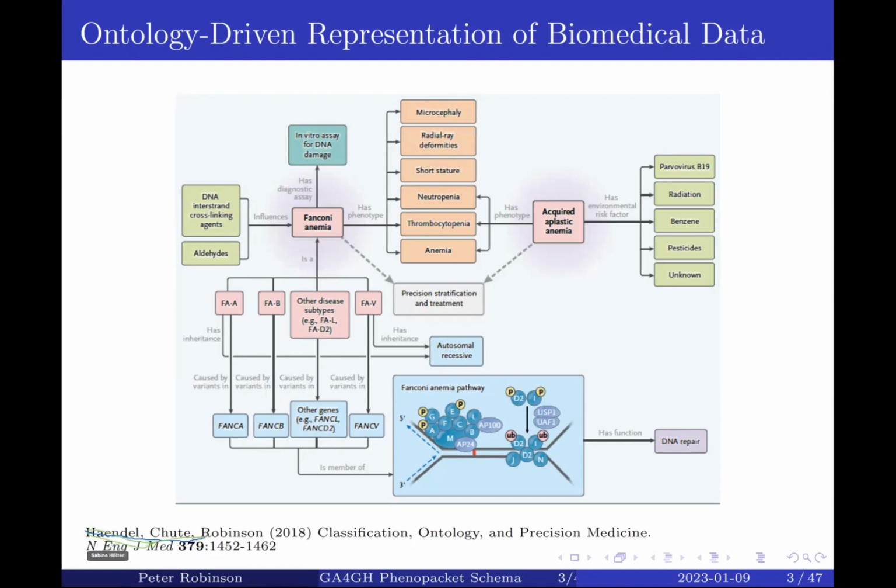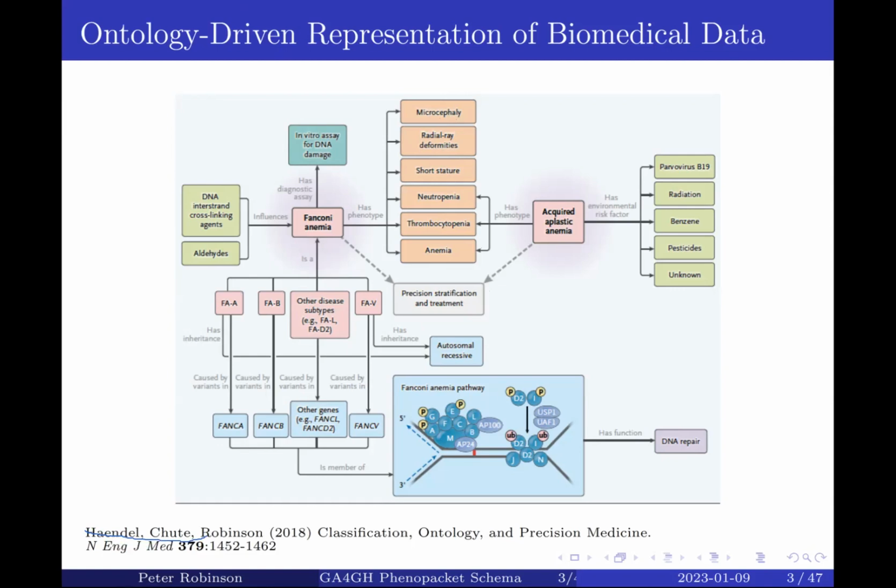What our group developed in Berlin and continuing to develop here in the US is the human phenotype ontology, the HPO. Those are the yellow ones in the middle. I don't know if you're actually seeing my mouse, but for instance, anemia, thrombocytopenia. In actuality, Fanconi anemia has, on the order of 70 phenotypic features. So this is just a subset.